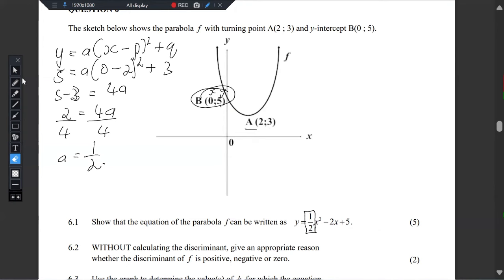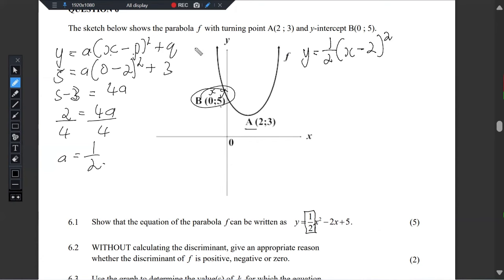From here, in order to find the equation, we go back to that formula and substitute the a, but this time we don't substitute x and y because we are now trying to get the equation. So it's 1 over 2 and then (x minus 2) squared. We are only substituting the coordinates of p and q.